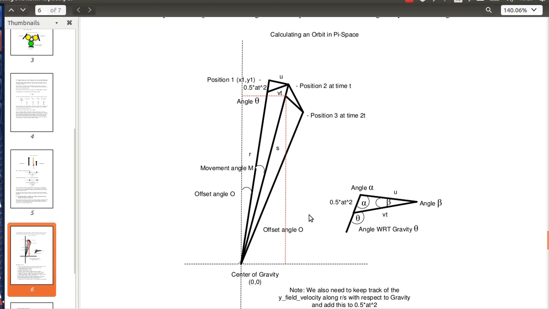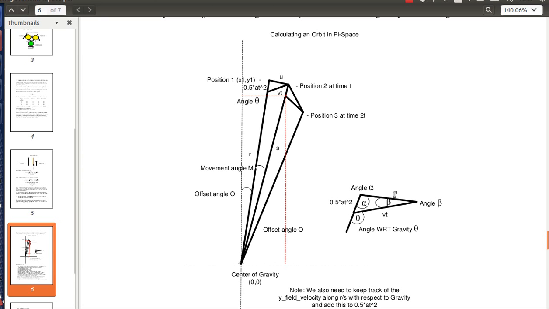Now, in terms of the diagram, this triangle here is this one here. This is a larger close up of it. So we have 0.5 a t squared. We have it at v times t, and this is the angle with respect to gravity that you would see the object move at, or if you were throwing it or whatever. Internally, the algorithm has to calculate alpha and beta.